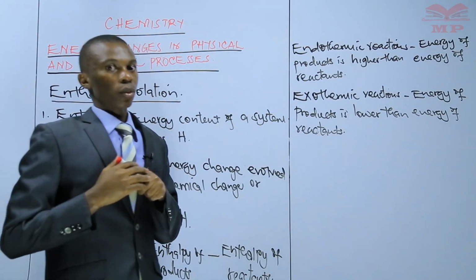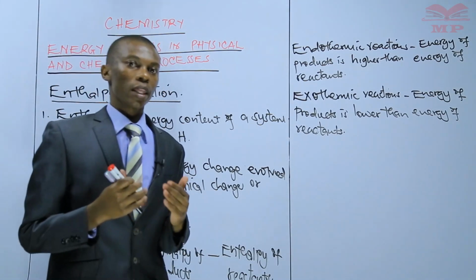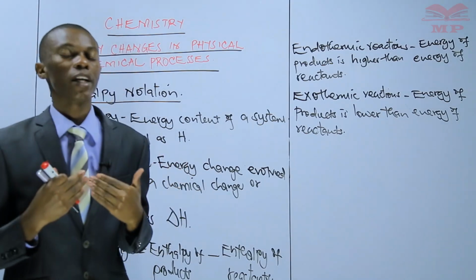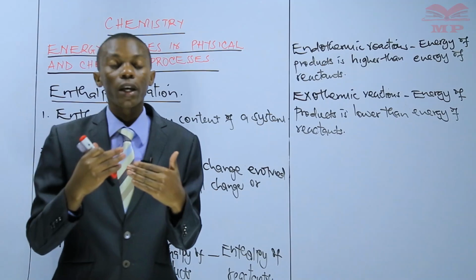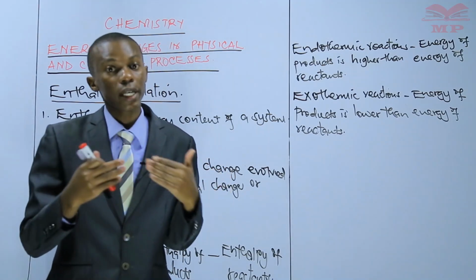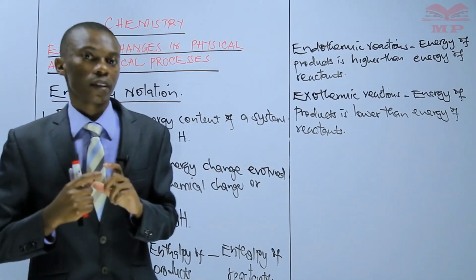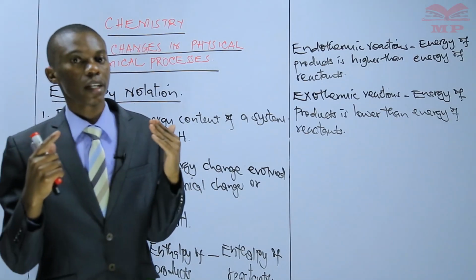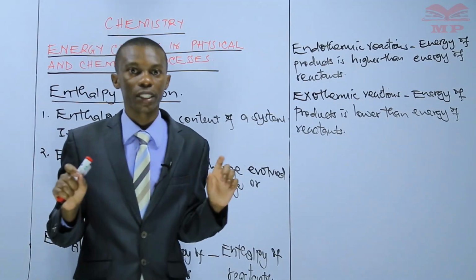We did this illustration using sodium hydroxide. When you dissolved sodium hydroxide in water and you stirred, the temperature was rising. There was a rise in temperature, meaning that heat is lost to the surrounding.